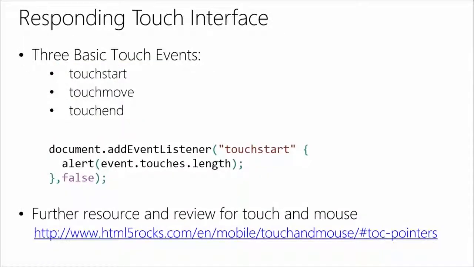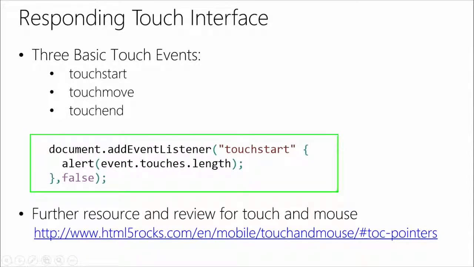Here's a simple little example if we look at our screen of some code. As the developer, we have to respond to those events when they occur. And here's an example of how we're going to do that. We're simply going to add an event listener to the document object. And we're going to do something when that event occurs.